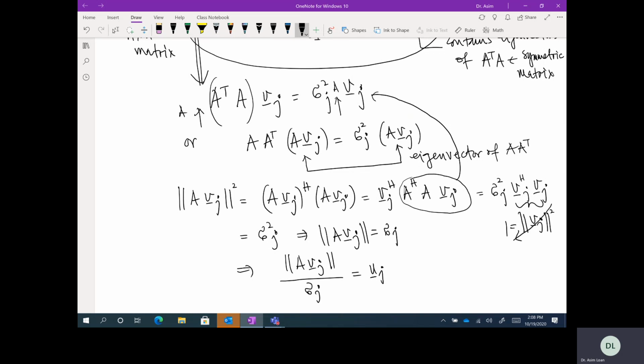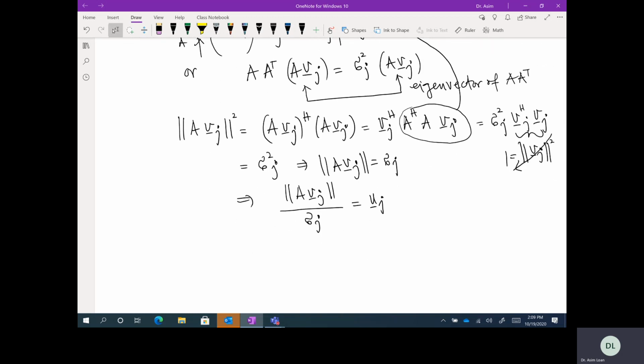Since the eigenvectors of AA transpose are actually the columns of U, I can say this AVJ over sigma j is the unit normalized vector, which is a column of U. And from here I get A times V equals U times sigma.